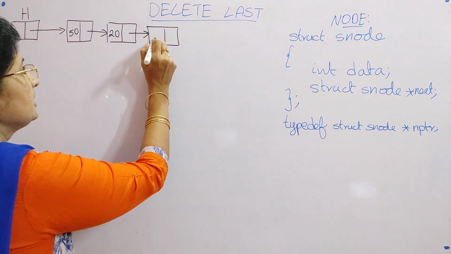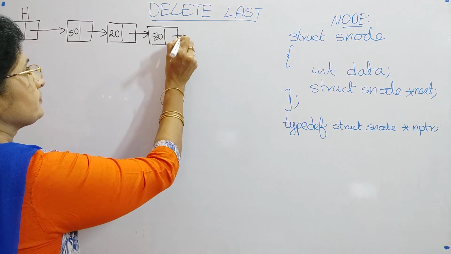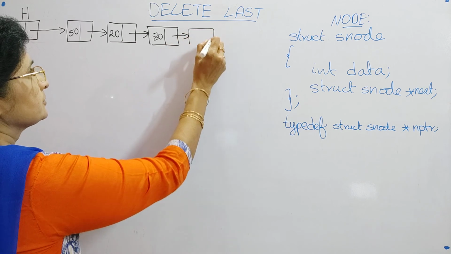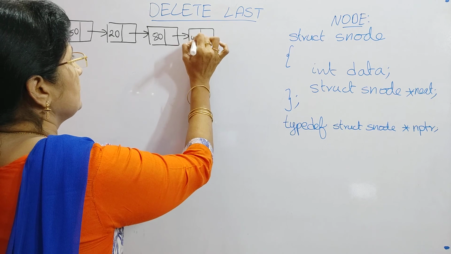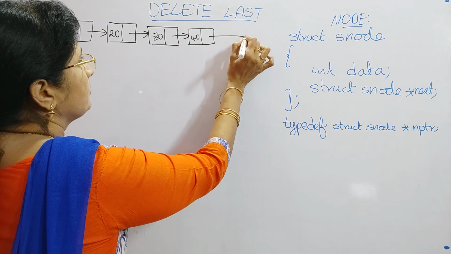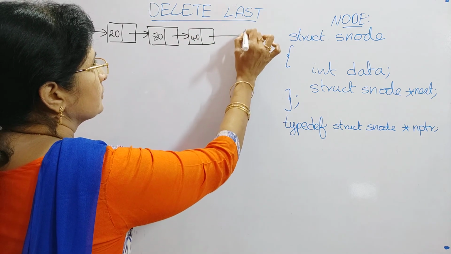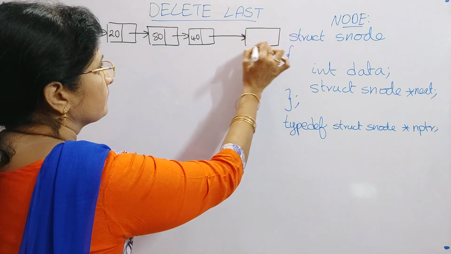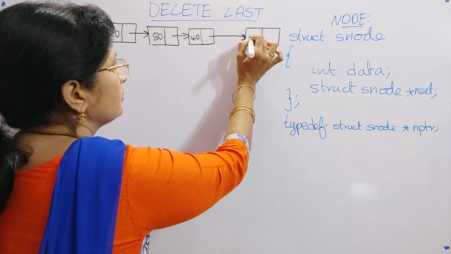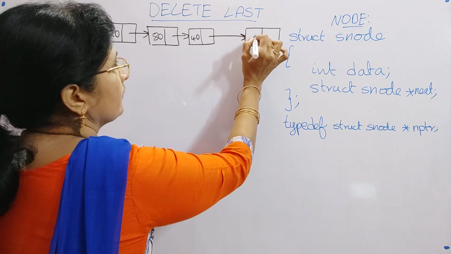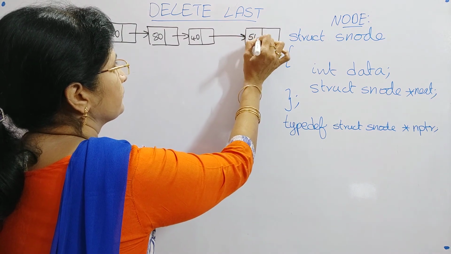So some 20, some 80, and next you have some 40, and for example this is the last node, and here you have the value, for example 50.